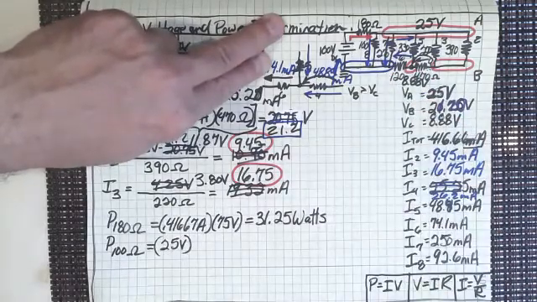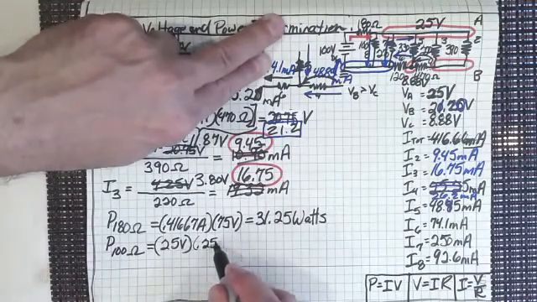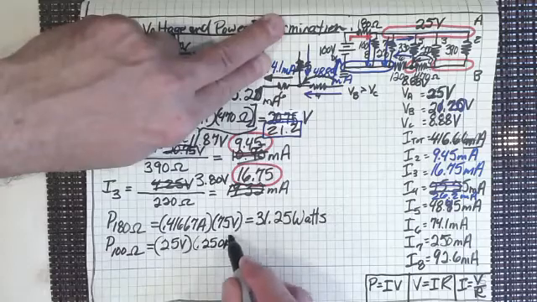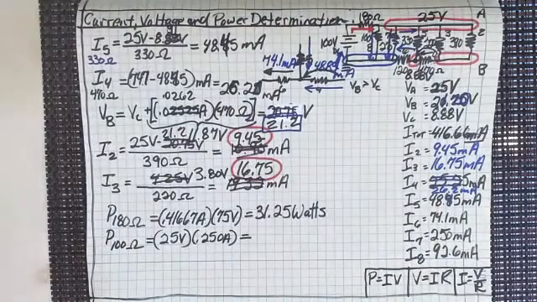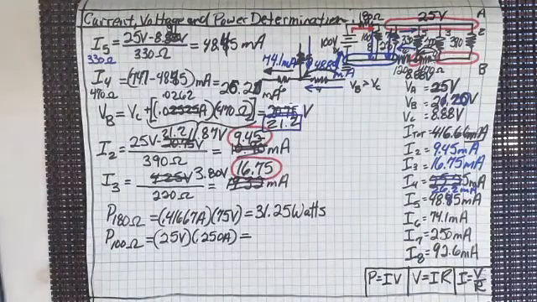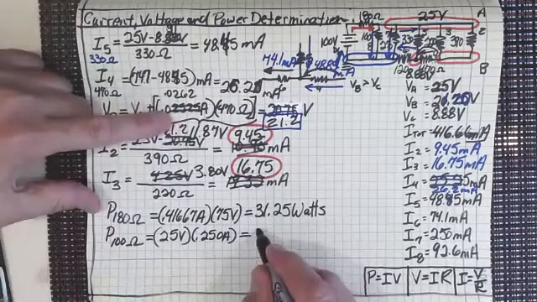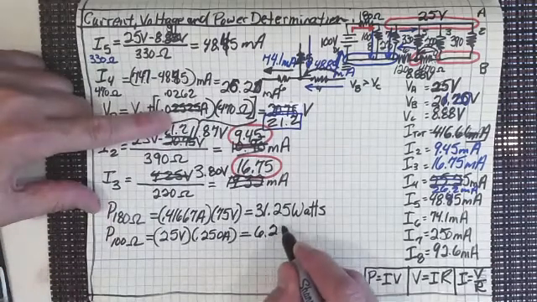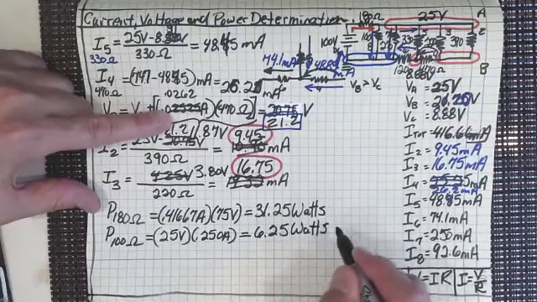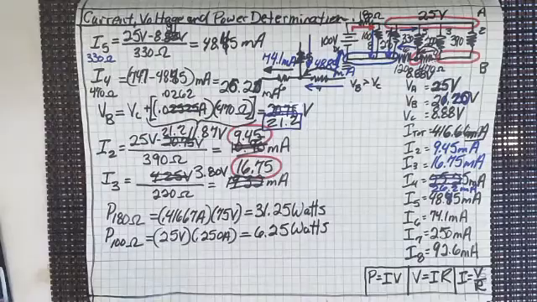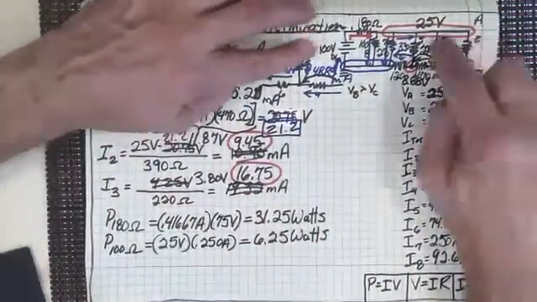The current flowing through that resistor is going to be 0.250 amps, so we have 25 volts times 1/4, and everybody can see that's going to be 6.25 watts. Still much larger than the 1/4 watt resistor that we use in the laboratory, right?